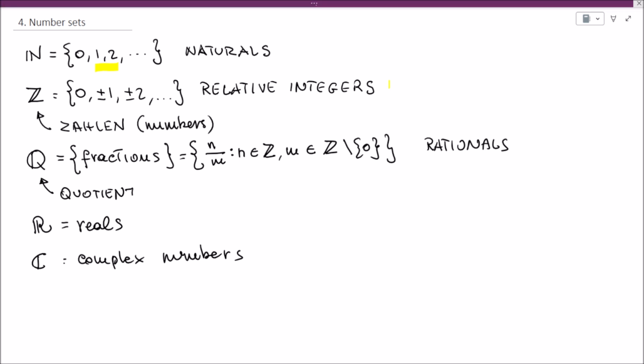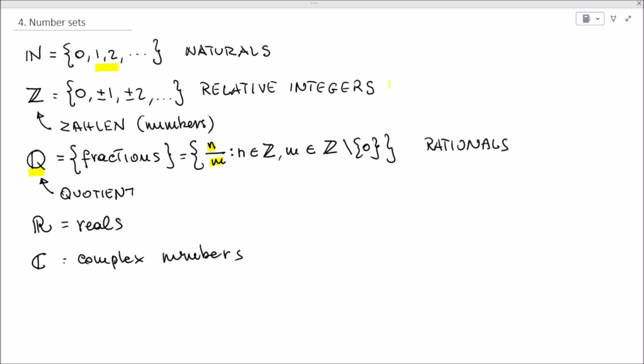Now, the reason for introducing Q after Z is that we cannot perform the division of any two relative integers within Z. So this is why we have introduced Q, because now we can perform the division of any two numbers n and m, provided that m is not 0.